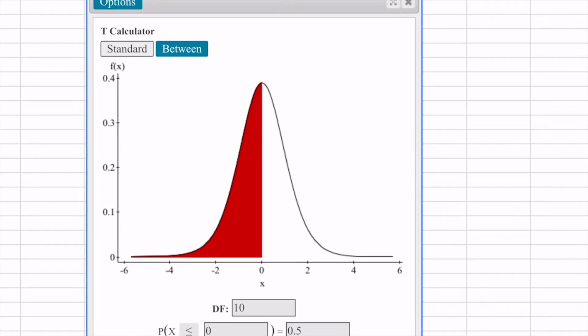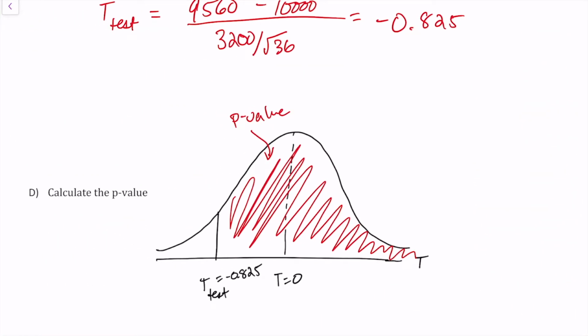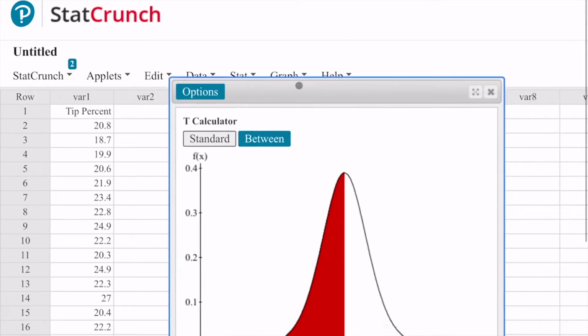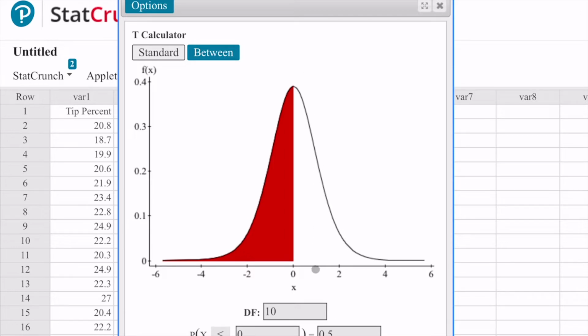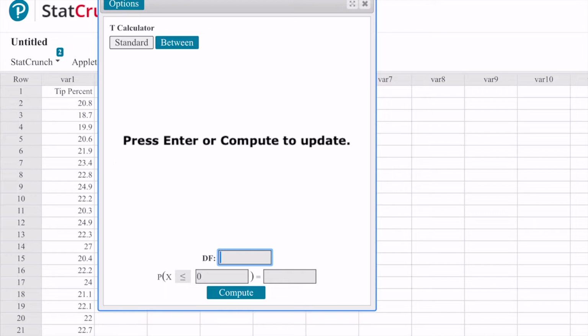All right. So in order to calculate the probability here, we need to know the degrees of freedom. Well, remember how our n was 36? Well, that means our degrees of freedom is 36 minus 1, or 35. Very important that you get the correct degrees of freedom. So we're going to put in 35 to our degrees of freedom.